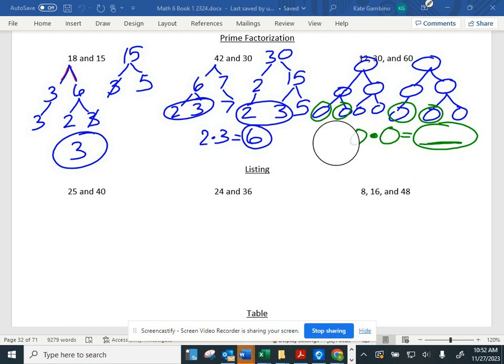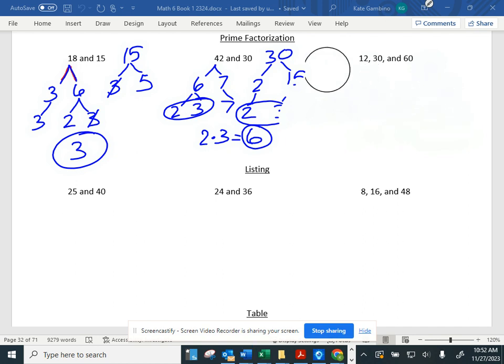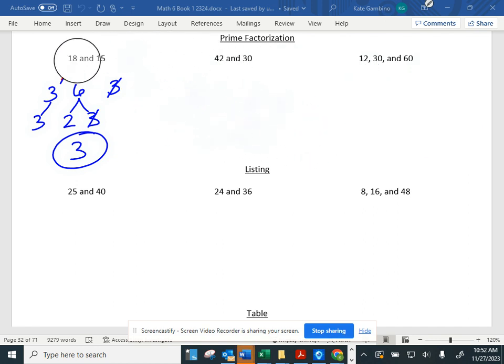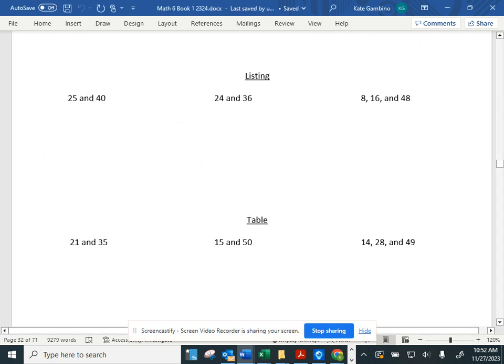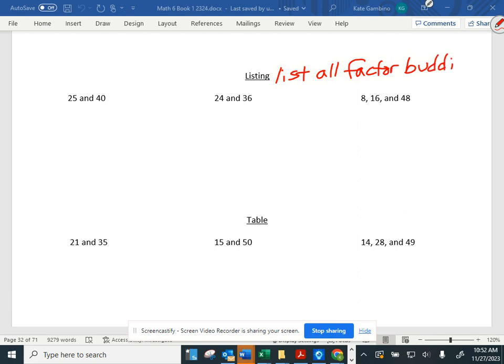Listing method. Remember, you want to list out all the factor buddies. So if you're going to do the listing method, you list all factor buddies and find the biggest one that they share.